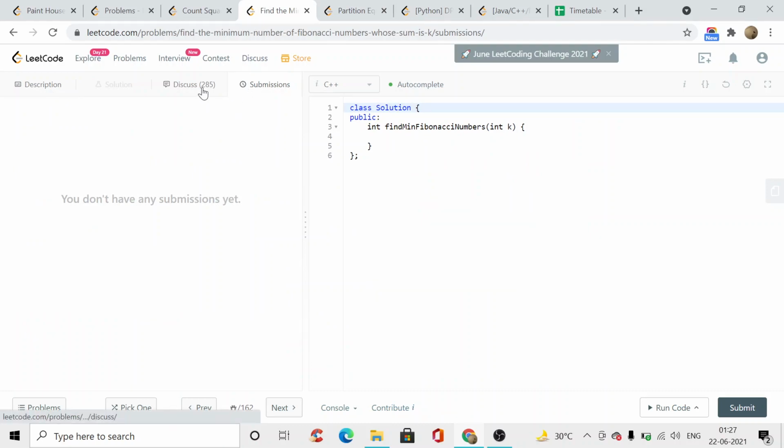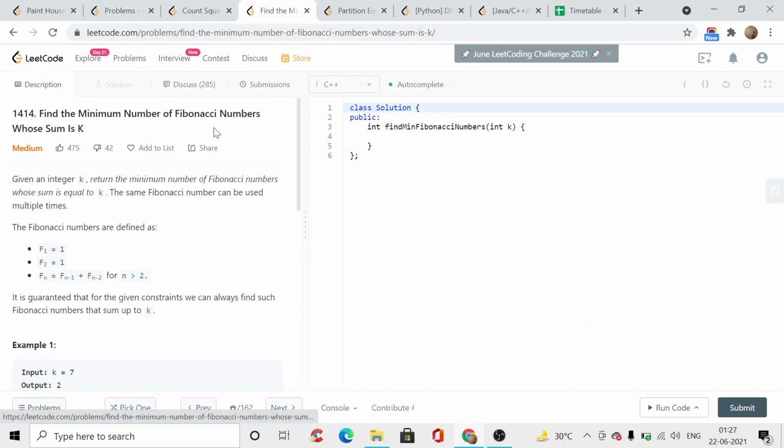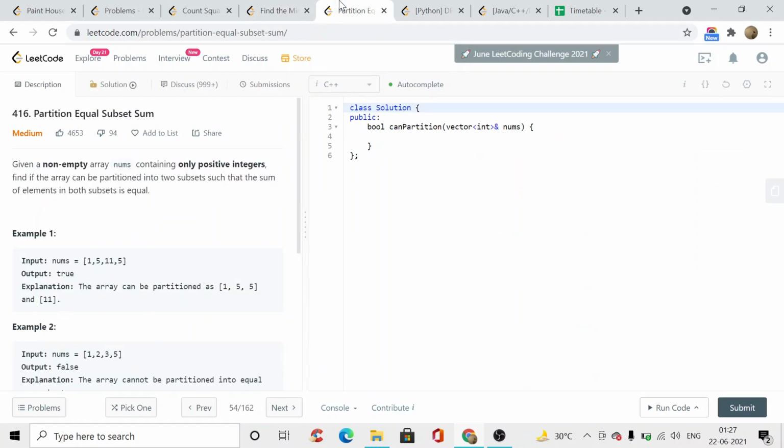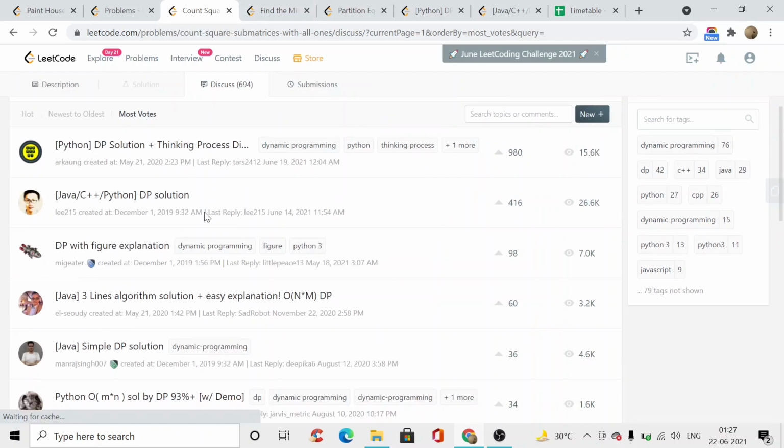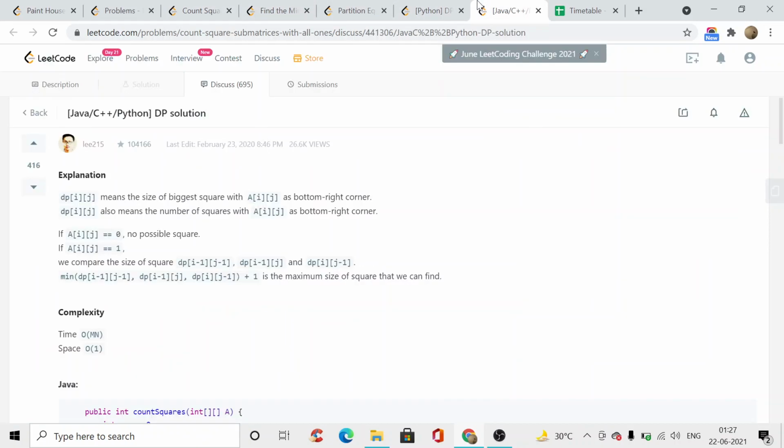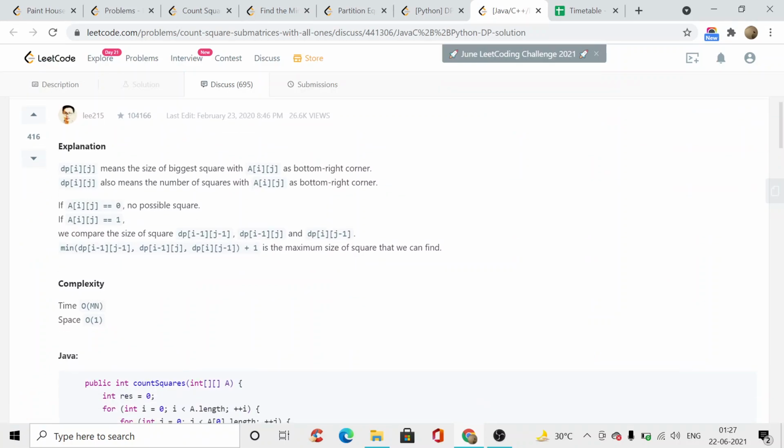So in this discussion, let's see. dp of i, j means the size of the square with a of i, j as the bottom right corner. dp also means the number of squares. It means the size of the square.